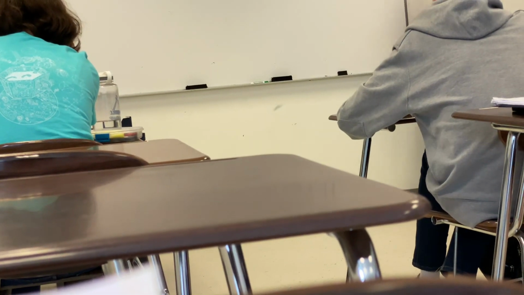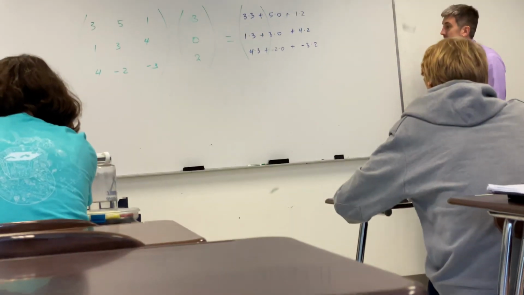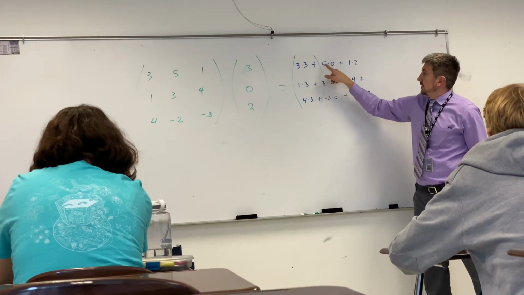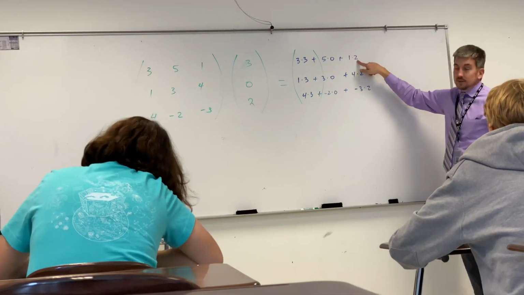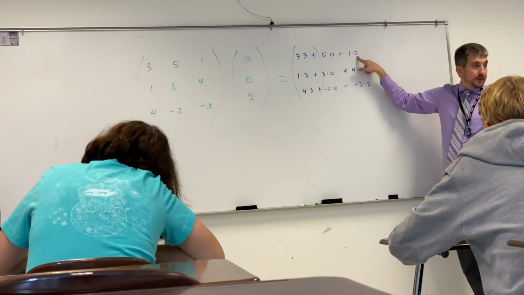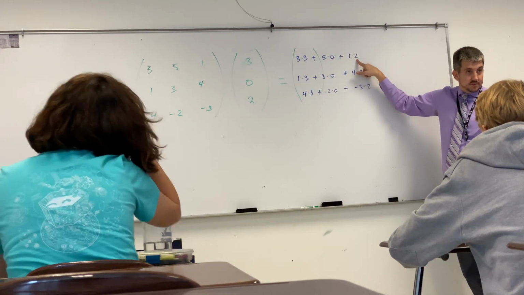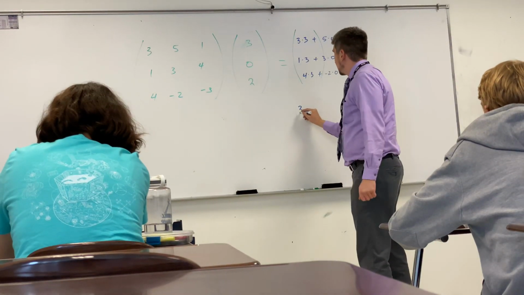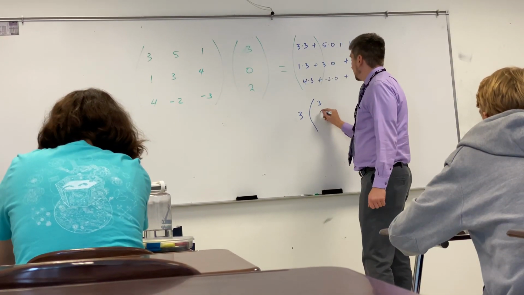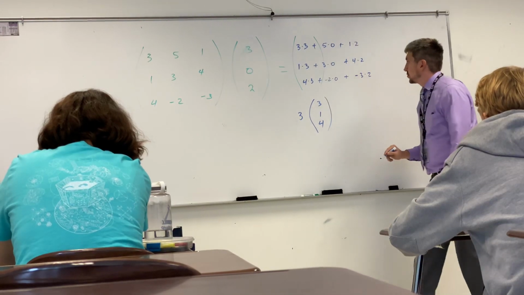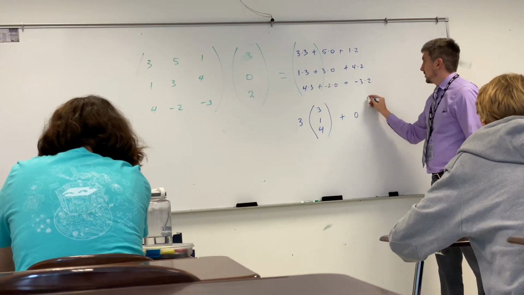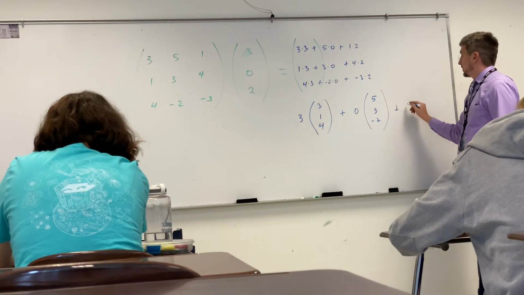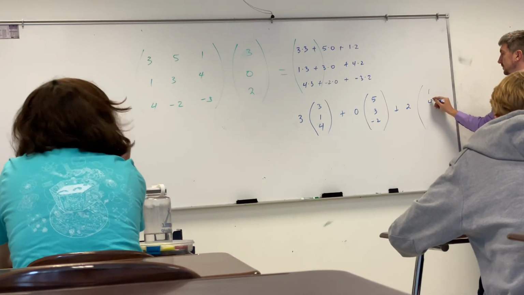Now when I look at this, what I notice is that I have 3, 0, 2 every single time, right? Which is what makes sense. So I could say this is 3 times 3, 1, 4 plus 0 times 5, 3, negative 2 plus 2 times 1, 4, negative 3.